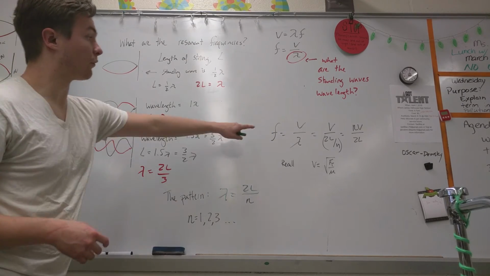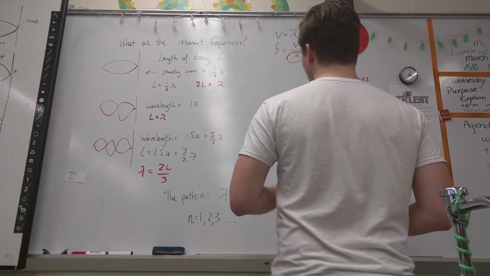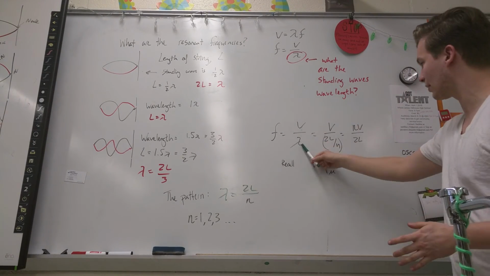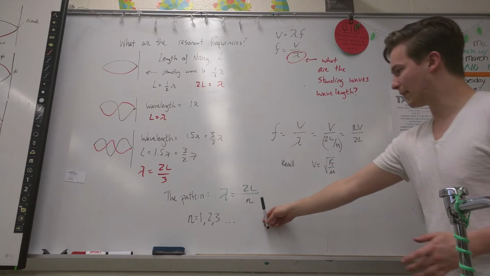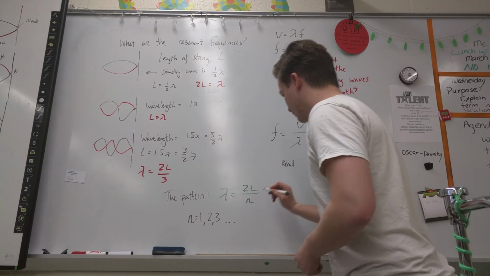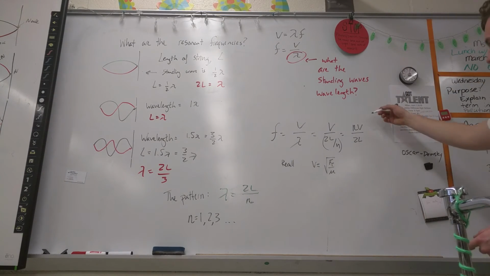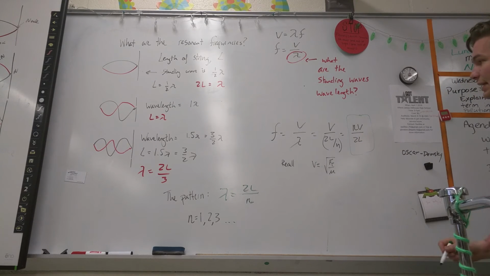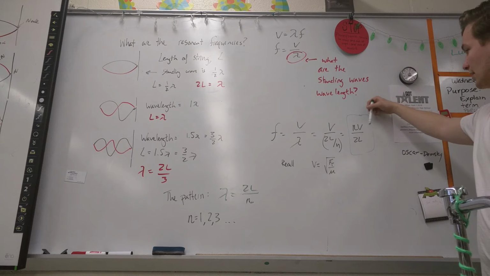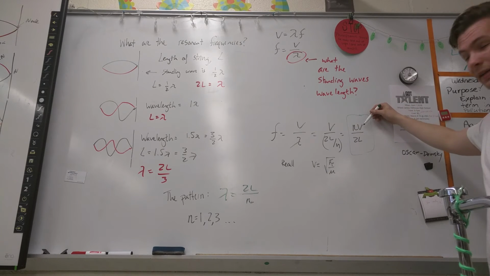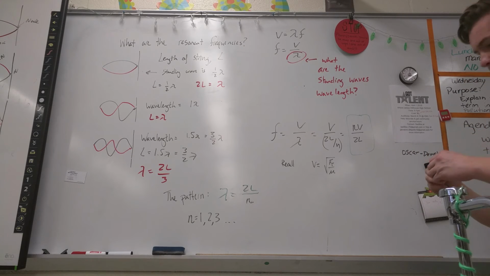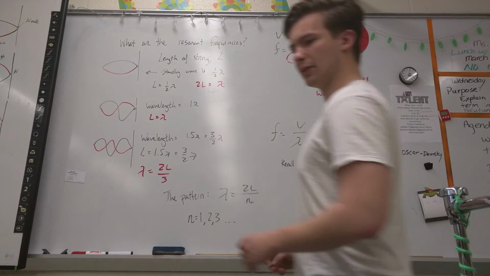So the frequency of resonance for my string here is V over lambda, but I have my expression for lambda, and I get this. My frequency to oscillate a string is dependent on the velocity of a wave and the length of the string. So let's look at this here.